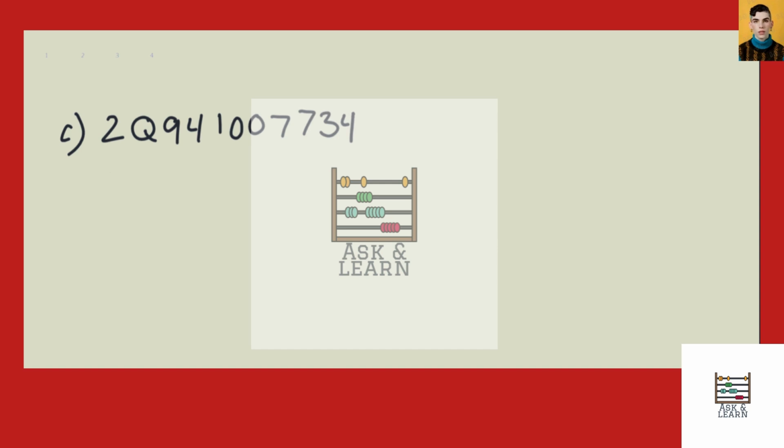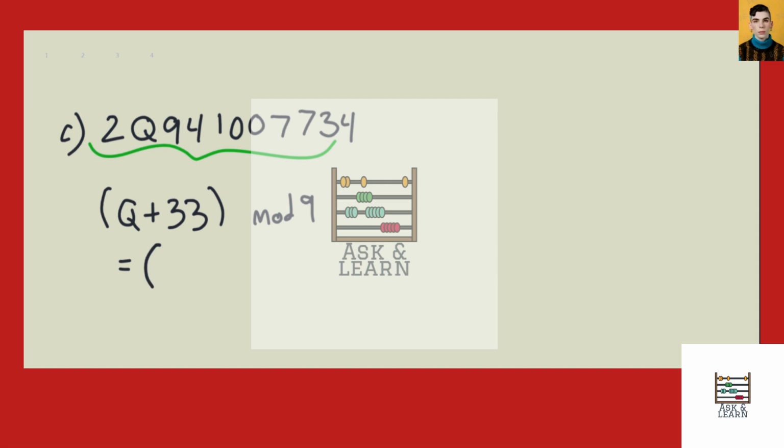Same as the other ones, we sum the first 10 digits to get Q plus 33 mod 9, and that whole thing mod 9.